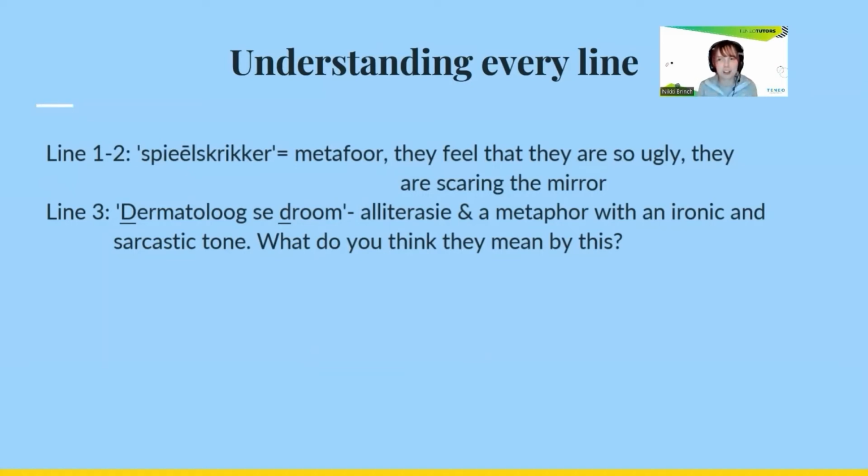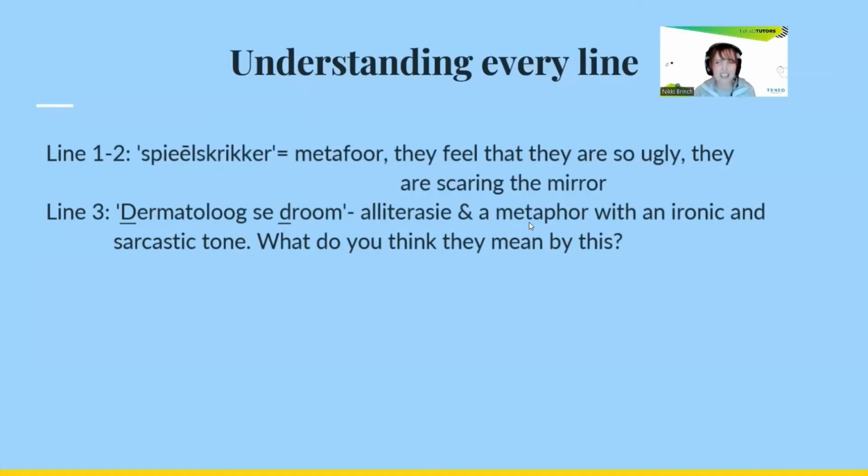So a dermatologist here, he's trying to refer to his skin. He's saying he's looking in the mirror and I am giving the mirror a fright. I'm a dermatologist's dream. So you can deduce that maybe his skin isn't looking that great. So if your skin isn't looking that great, he probably has severe acne. So dermatoloog syndrome, that alliteration of the two D's, and the metaphor, he's not really a dermatologist's dream, but he's trying to be sarcastic.